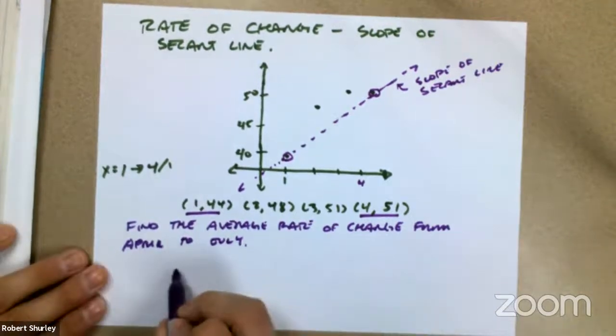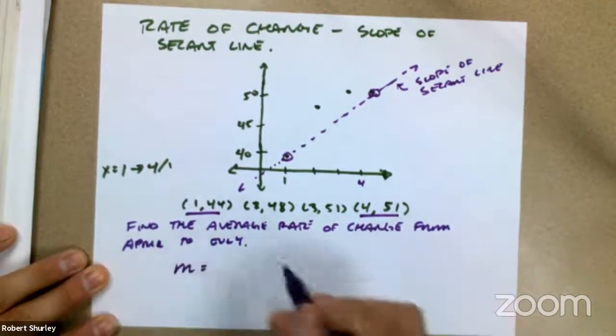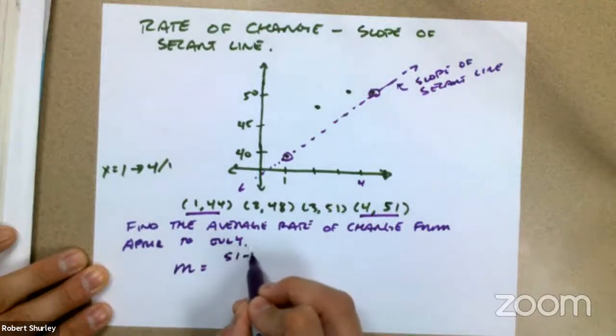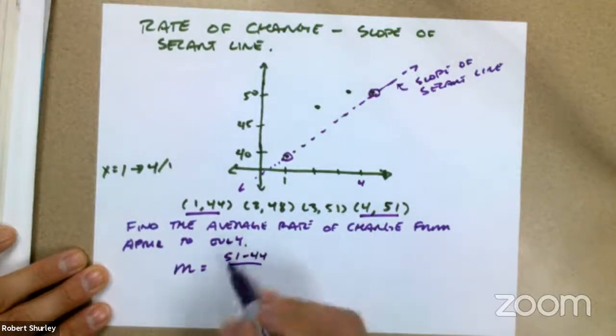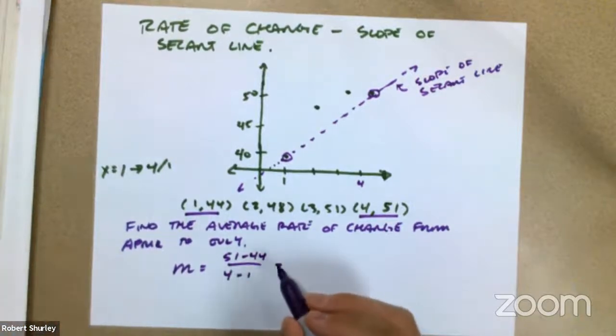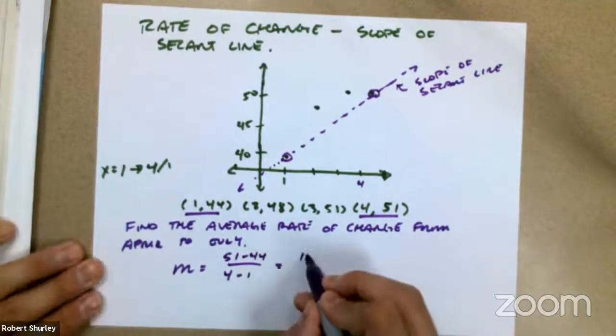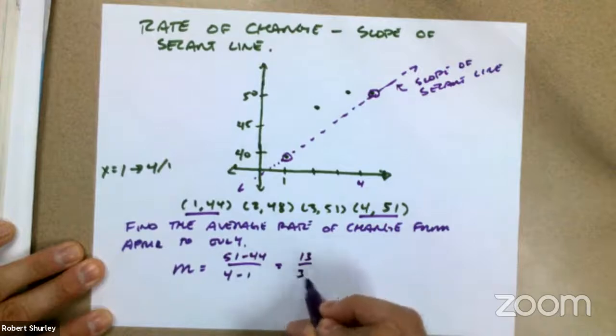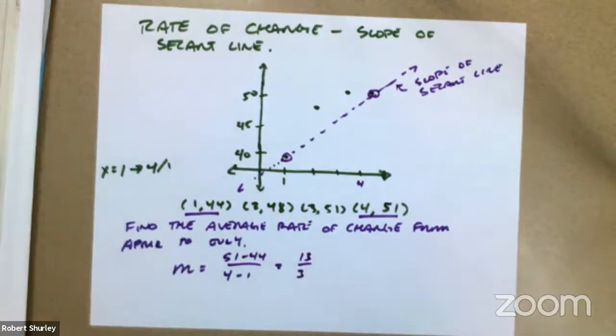So we just find the slope in that same manner. The change in y, 51 minus 44, over the change in x, so 4 minus 1. So 51 minus 44 is what? 13 over 3. And this is what I was telling you about, Caleb. It doesn't make sense to say 13 over $3. It would be dollars per month, right?